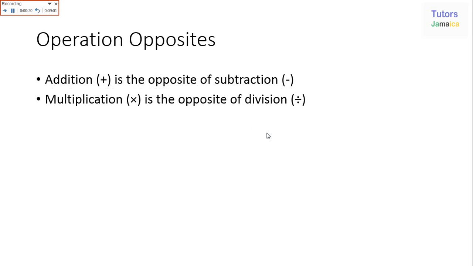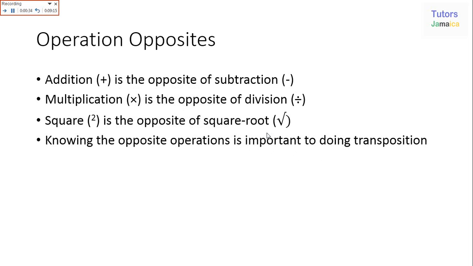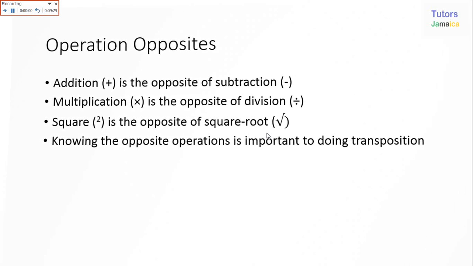This is also going to be important in doing transposition. Square is the opposite of square root, and this will be important in doing transposition. Knowing the opposite operation is going to be important for doing transposition, because when you move something from one side to the other, you must use the opposite operation.